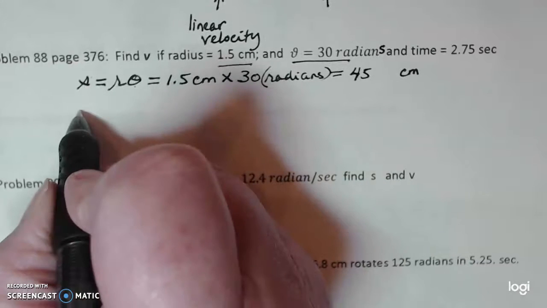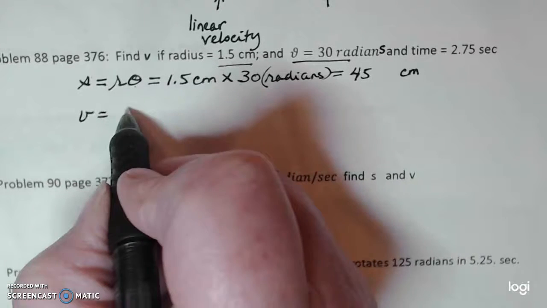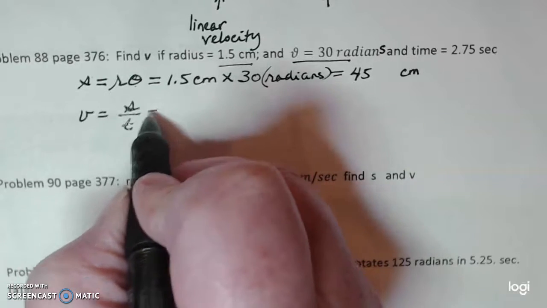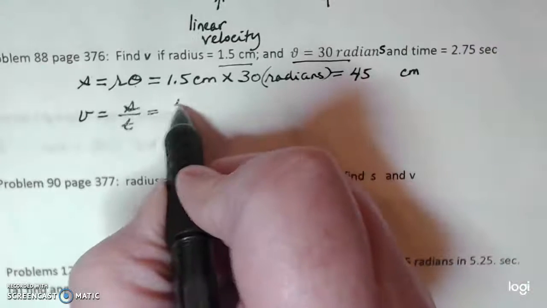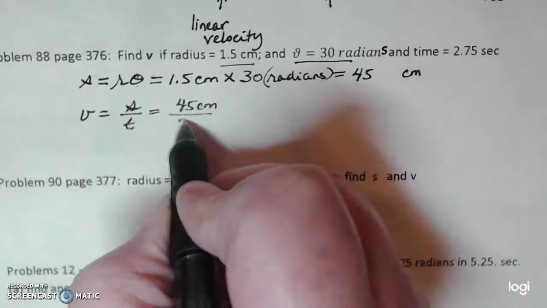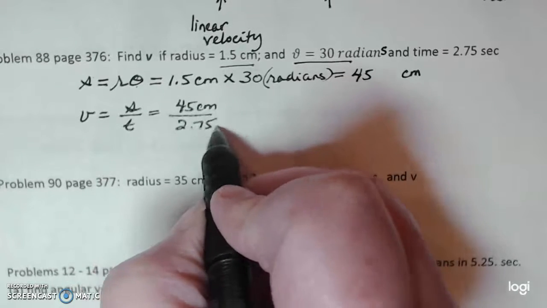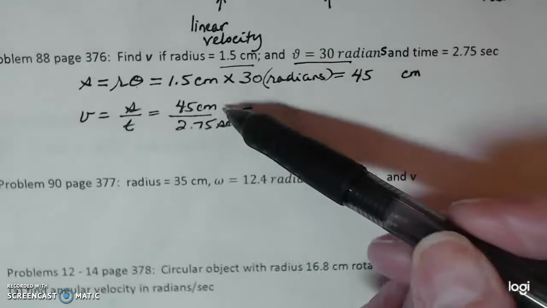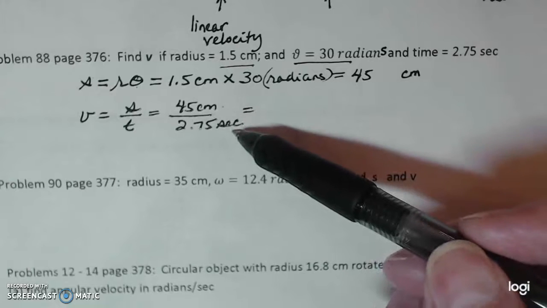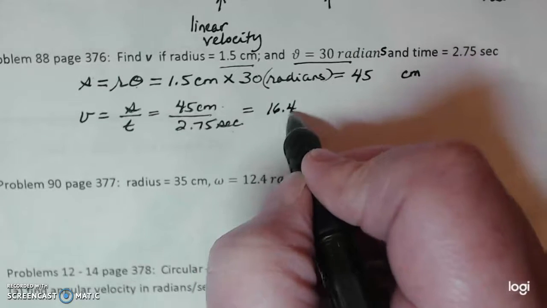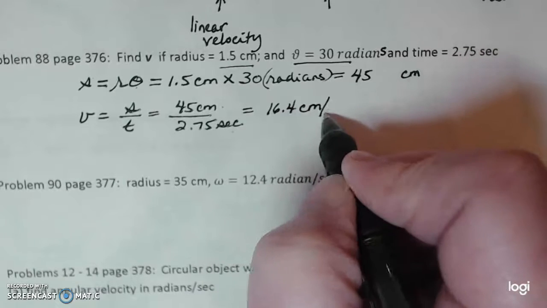Now, if you want to find linear velocity, you can find it as distance traveled over time. And the distance traveled here was 45 centimeters, and that was in 2.75 seconds. So we've got centimeters as a function of time, and that would be 16.4 centimeters per second.